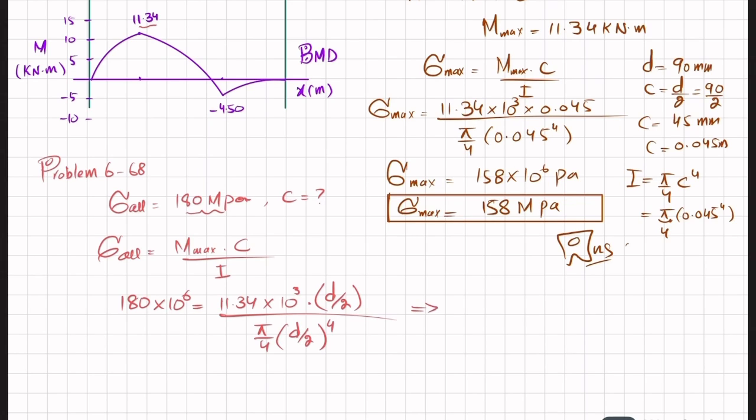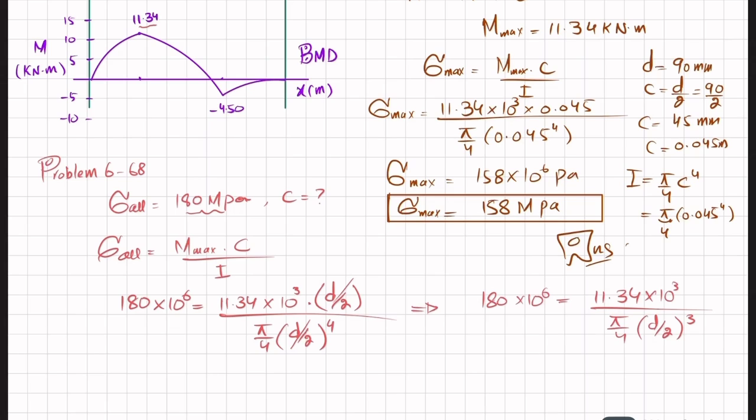So from here this will cut with one of this, so we will be left with 180 into 10 raised to power 6 is equal to 11.34 into 10 raised to power 3 divided by pi by 4 into d by 2 power 3. Clear?